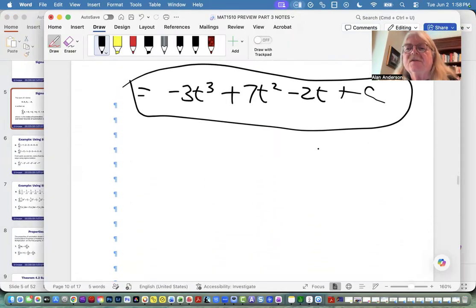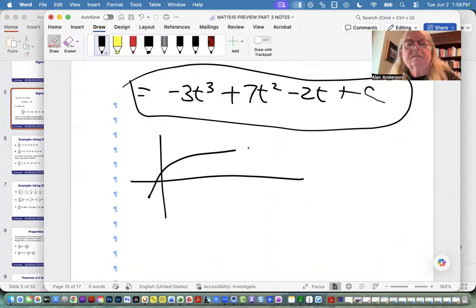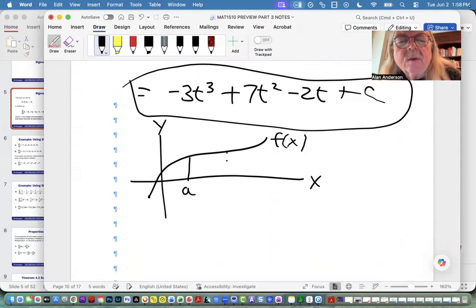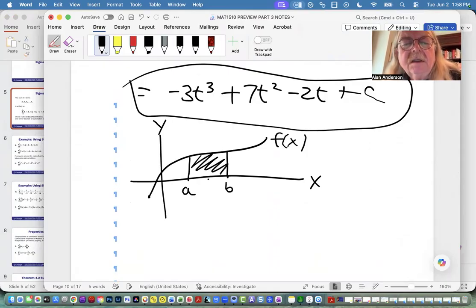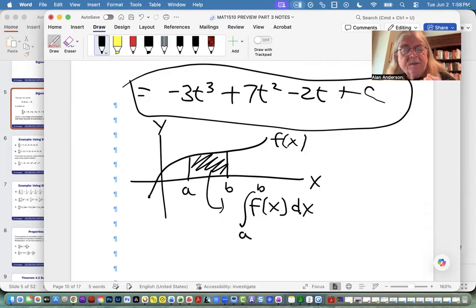I just want to remind you that if we have some function, the area under this curve between these two endpoints is actually the integral of f of x evaluated between a and b. And when you evaluate it with specific constants like that, it becomes a definite integral. And that means we don't need the plus c part.